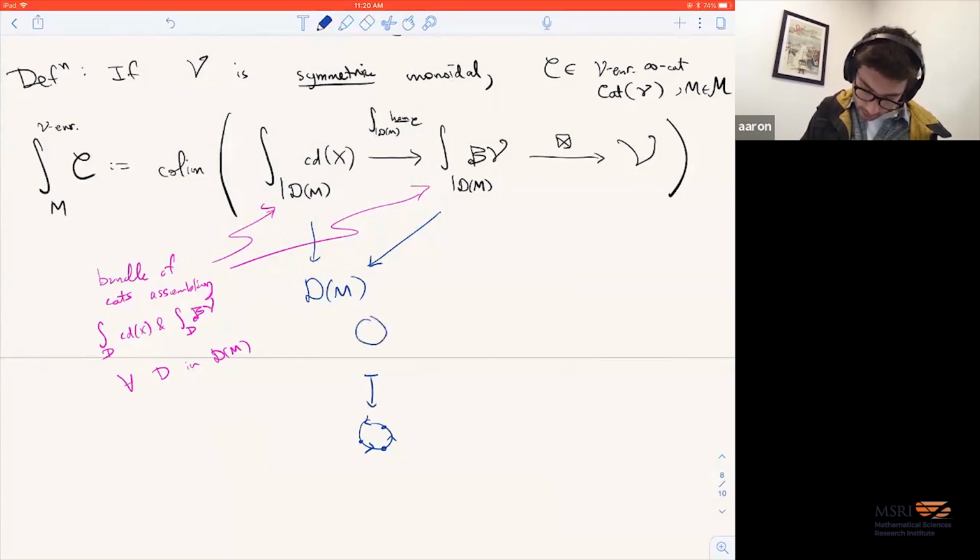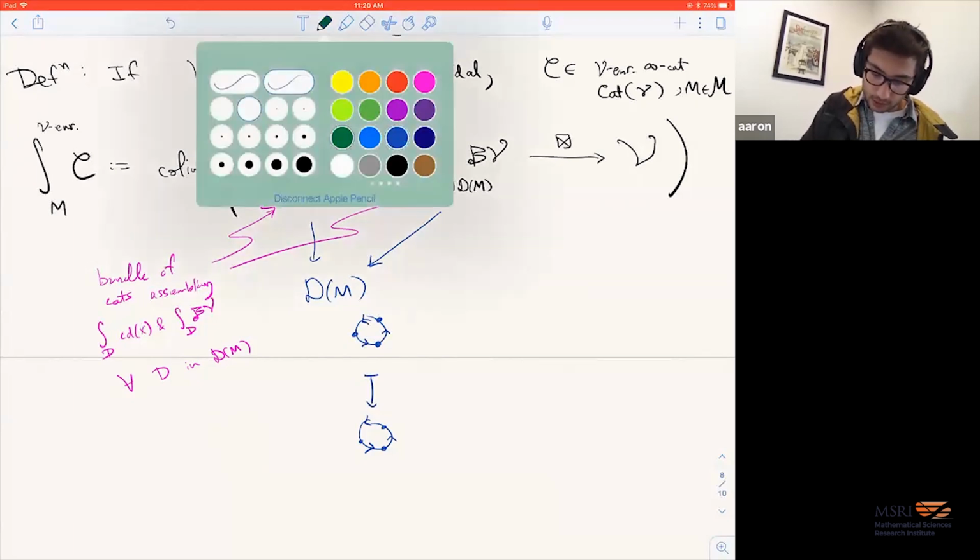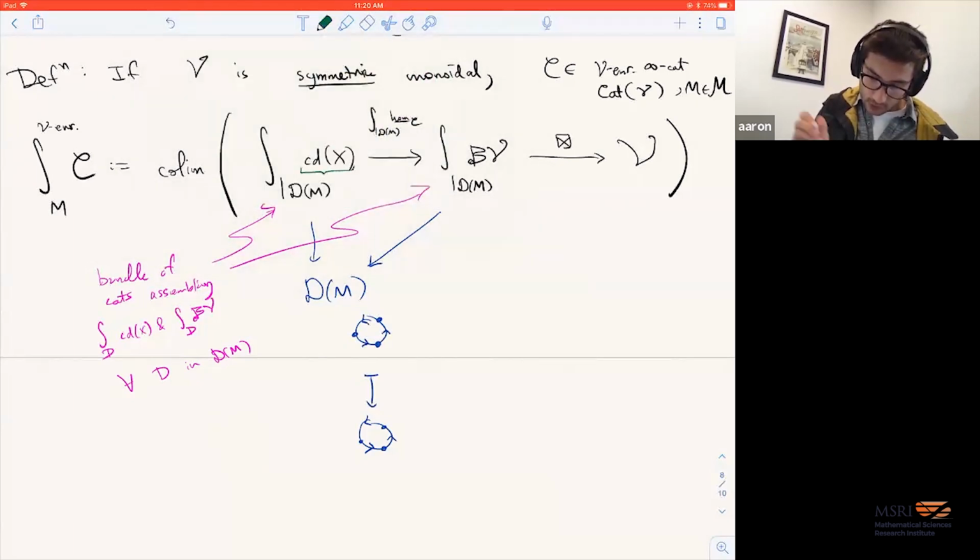On this side, well, it's going to be the same circle, but now I have to take the factorization homology of CD of X. And what is that?